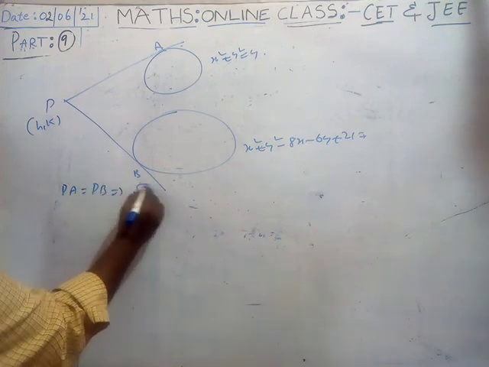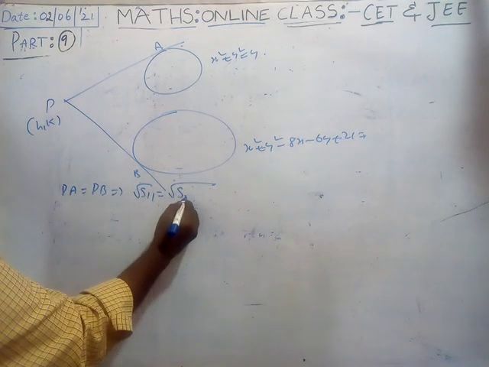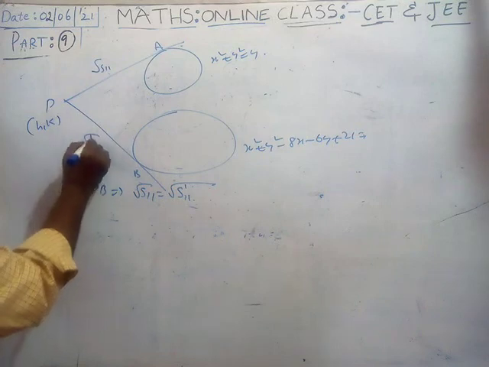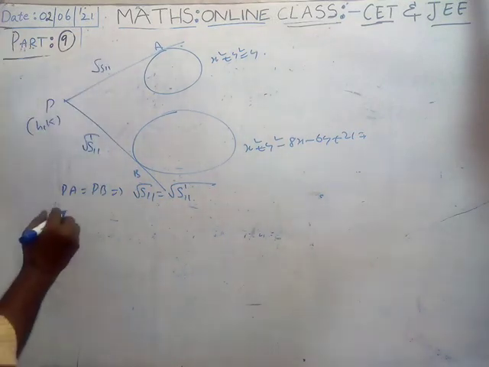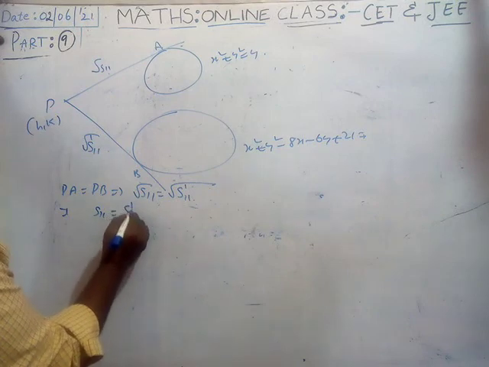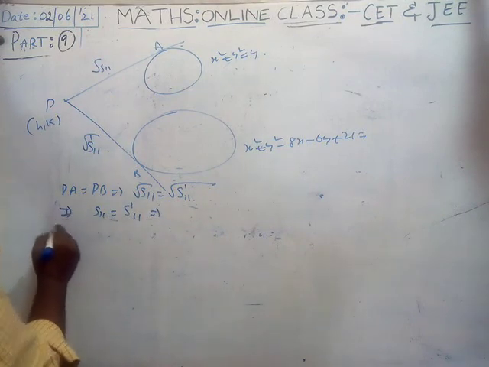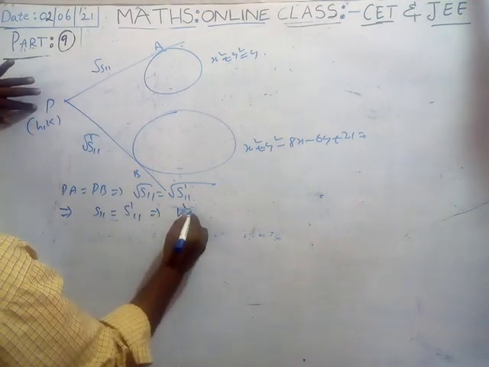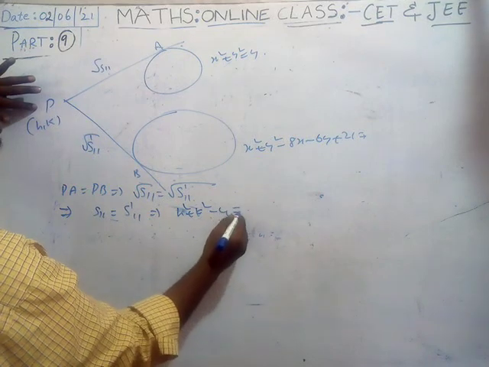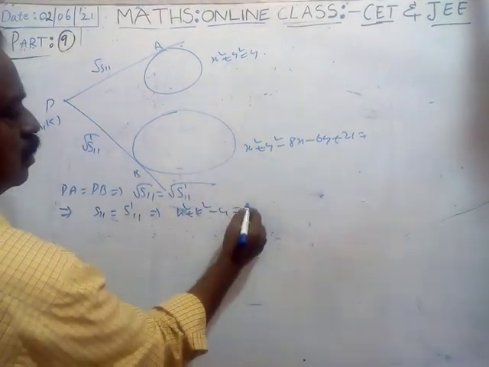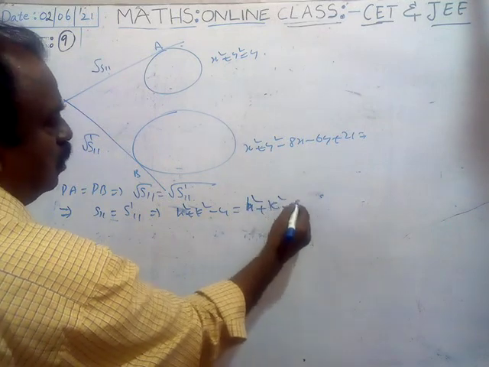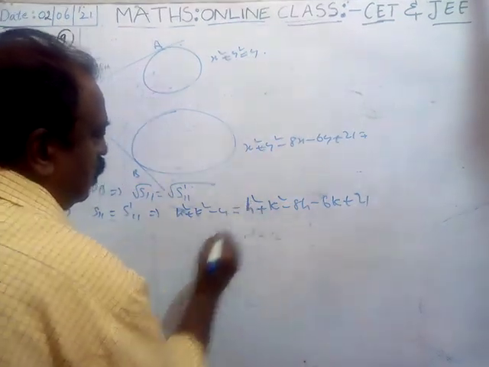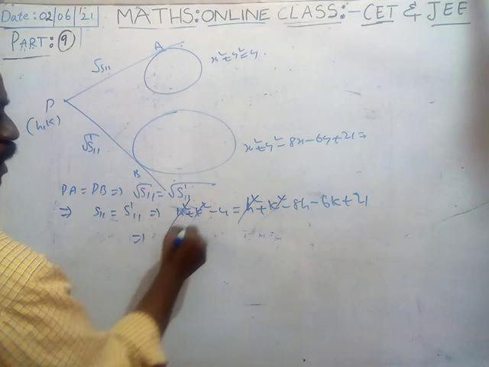That implies root of S11 equals root of S'11. Different circles, so squaring on both sides, S11 = S'11. S11 means h² + k² − 4 is equal to h² + k² − 8h − 6k + 21. Here h² and k² cancel.